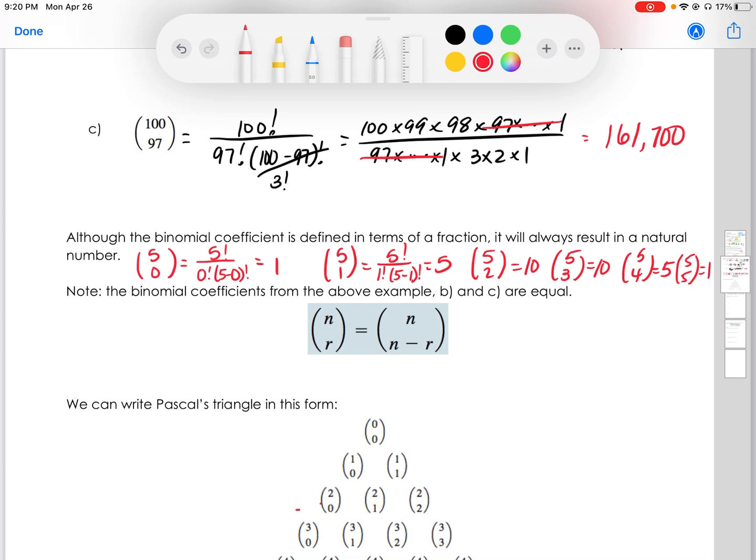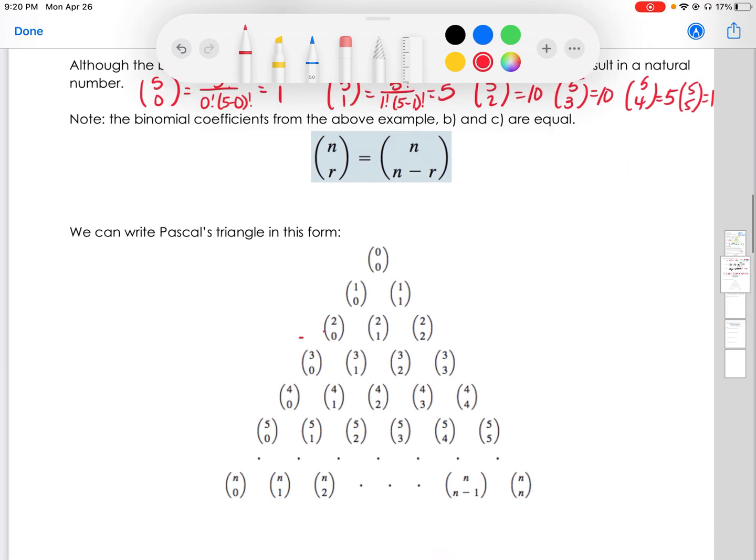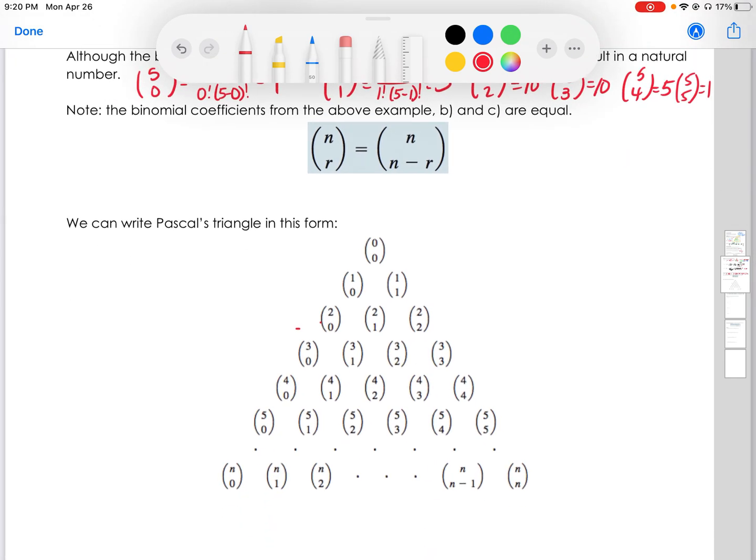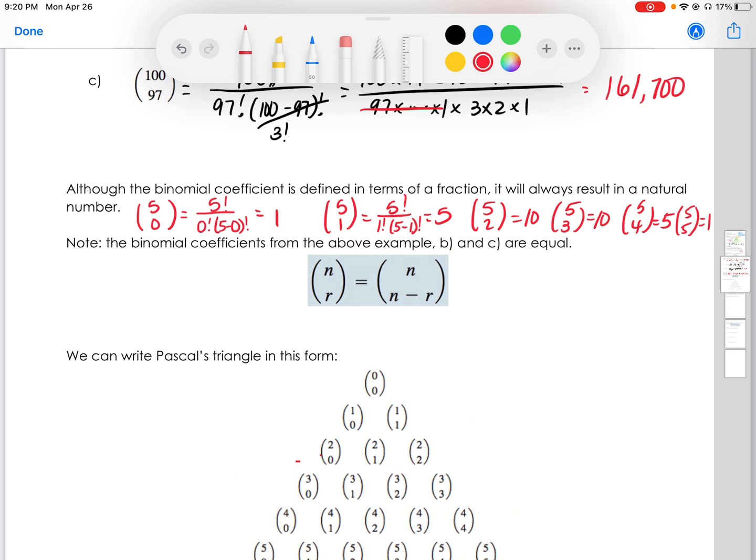When I work these all out, we're going to start to see a pattern, and that pattern is really in Pascal's triangle.